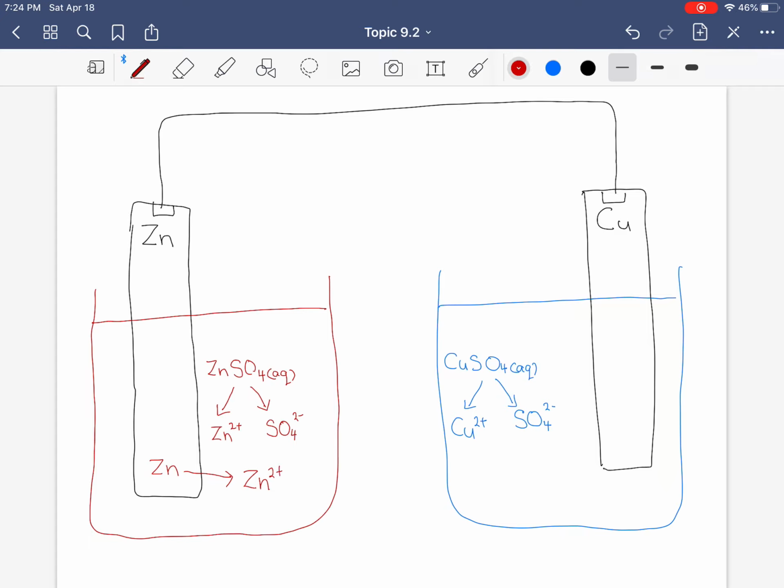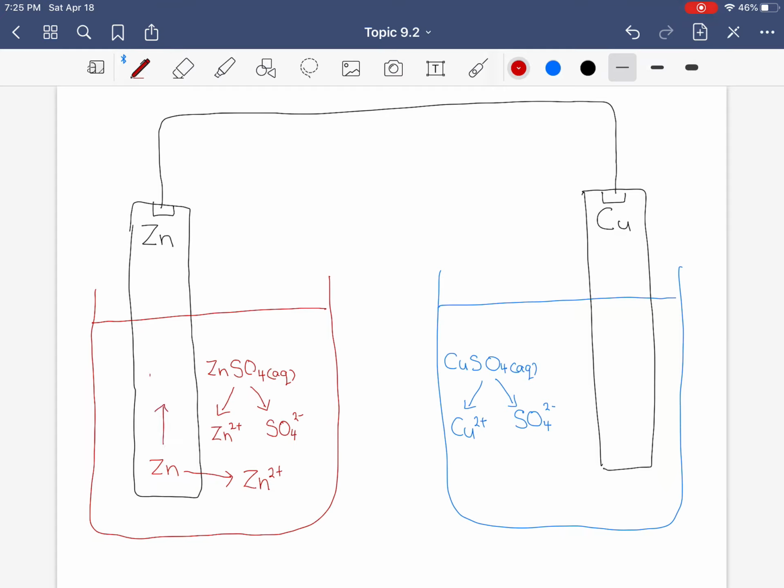However, you'll notice that zinc becoming zinc 2 plus lost 2 electrons. Remember how to balance that the other day? Where did the electron go? Well, let me just tell you this right now.